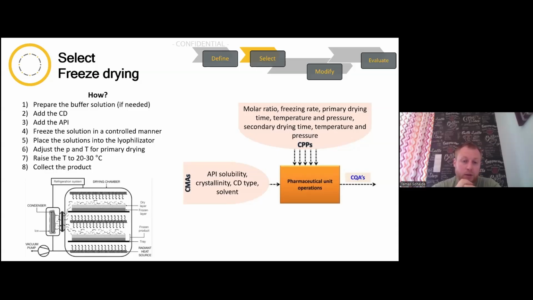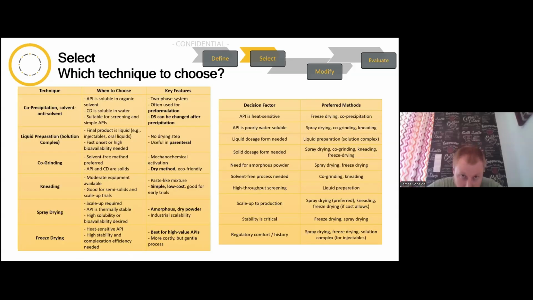We use it all the time. You can tune very nicely the different properties of the freeze drying process to ensure the proper final characteristics of the product. So again, something that I would certainly recommend for complex isolation.